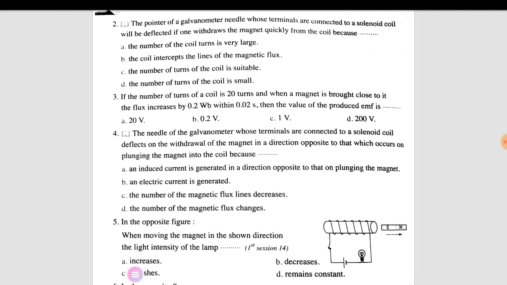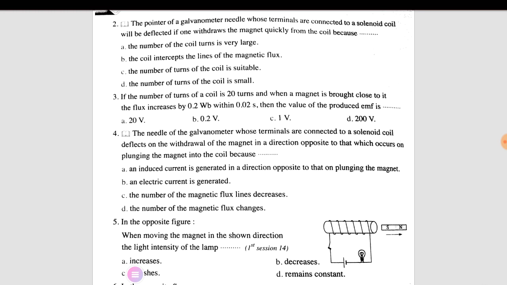At first, what happens when the galvanometer needle, whose terminals are connected with these two solenoids, will be deflected if one withdraws the magnet quickly from the coil?